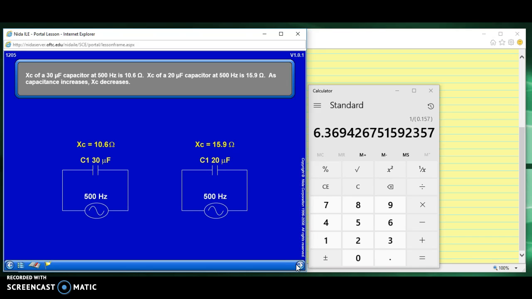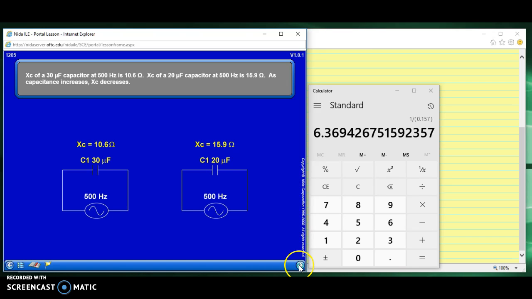All right, X of C of a 30 is 10.6. X of C of a 20 is 15.9, and both of those are at the same Hertz value. So if we increase capacitance, X of C goes down. If we decrease the capacitance, X of C goes up. So they're inversely proportional.